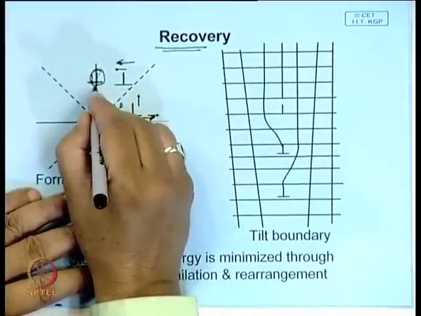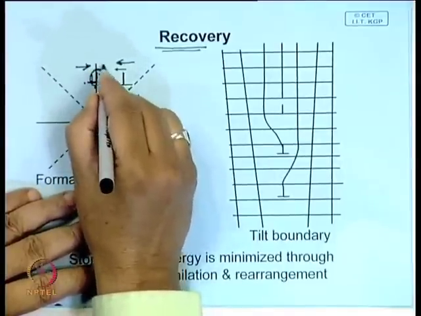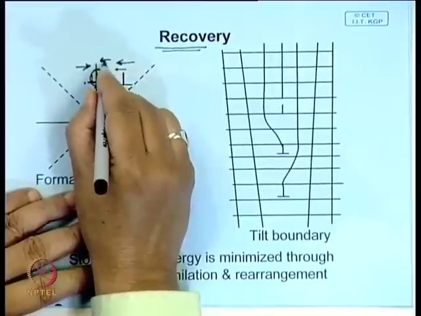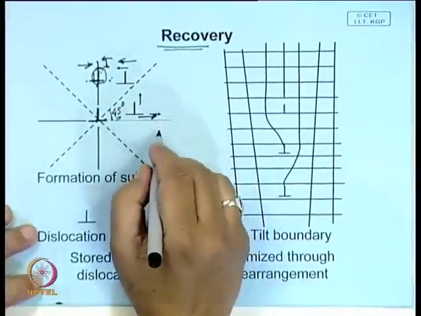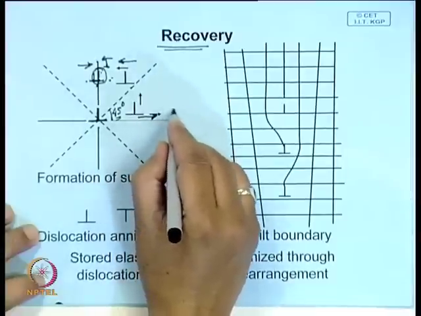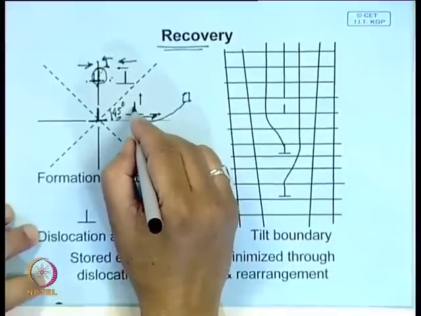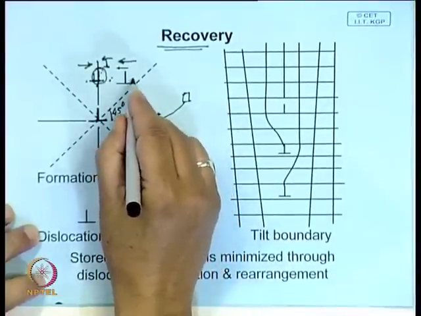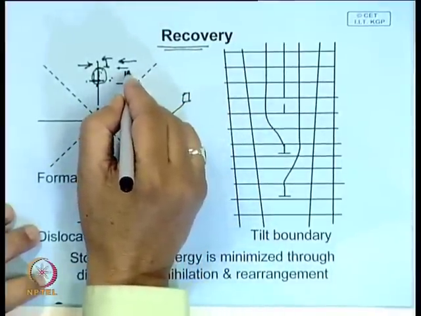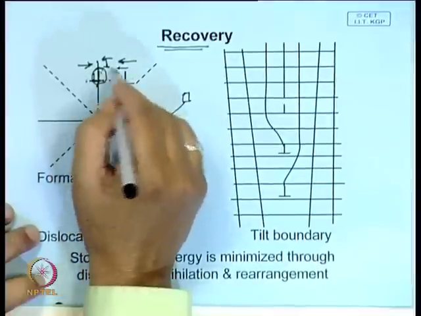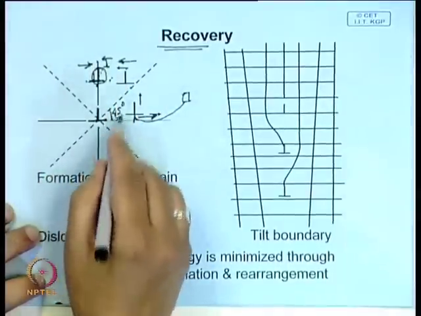If it moves slightly to this side, the force acts in this direction; if it is slightly displaced to the other side, the force brings it back here. So, if the temperature is high, the dislocation can climb, because vacancies from somewhere in the lattice will diffuse to this place, and this dislocation will climb, and once it crosses this particular line, then because of its stress field it moves to this position of equilibrium.